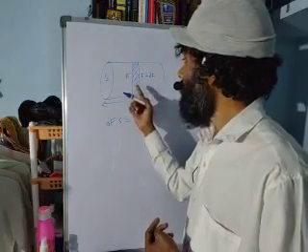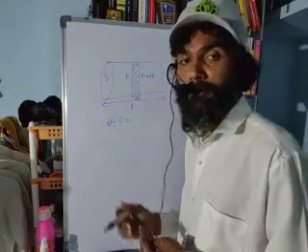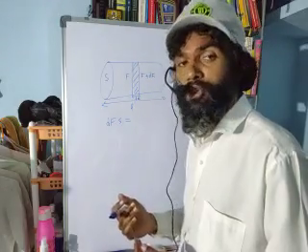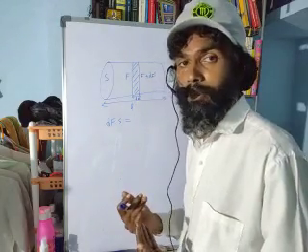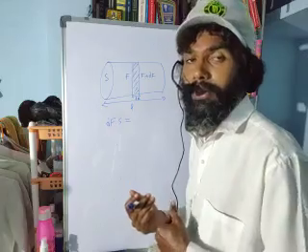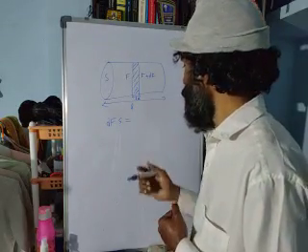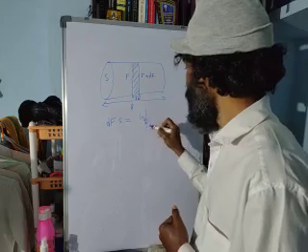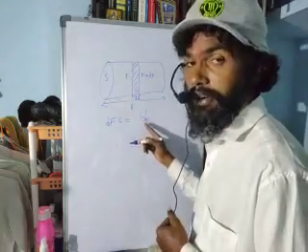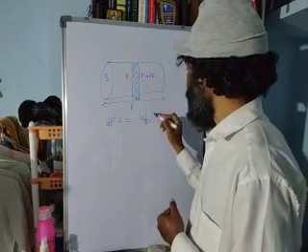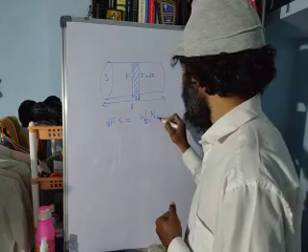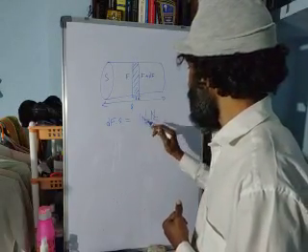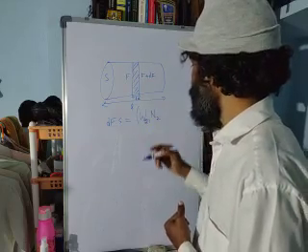And if I think that this material is made up of two-level atoms, then I can make use of the rate equations which I explained in the earlier video. So I can write W21, which is because of stimulated emission, and then the number density of the upper level, N2.